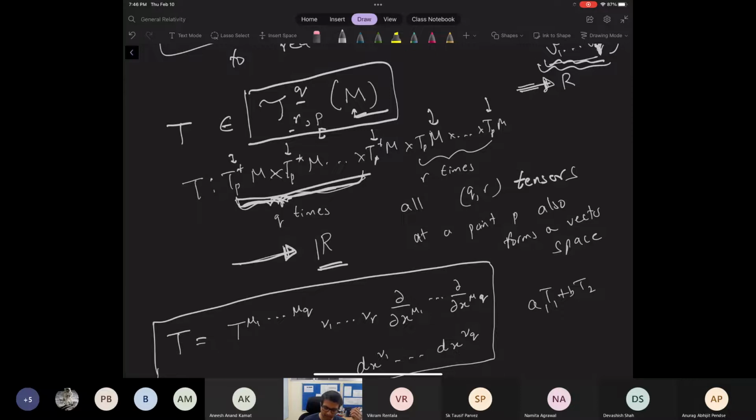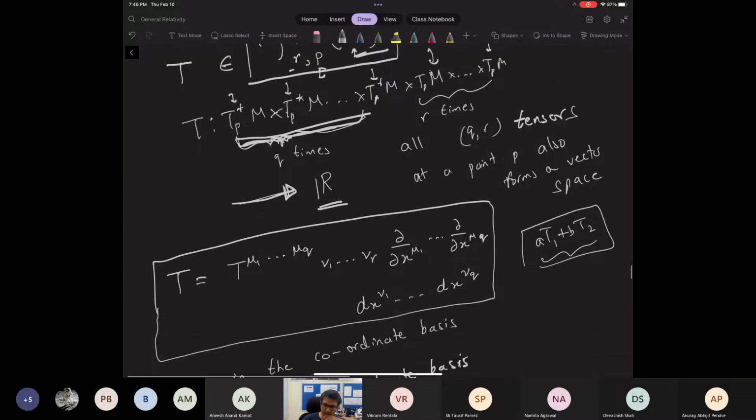I can add two tensors like this and get a third tensor in that space, so it's like a linear vector space, except the dimension of this vector space of (Q, R) tensors is not n. What is the dimension of (Q, R) tensors?